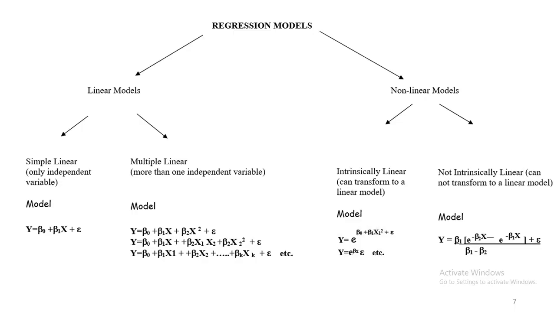But if you look at the non-intrinsically linear model, it is very difficult to find a transformation to make it linear. These are the models available for us to study, and we will focus mainly on the first three of them: the simple linear model, the multiple linear model, and the intrinsically linear models.